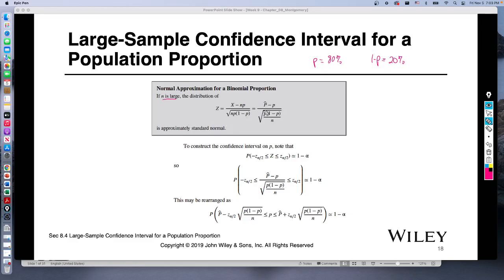And again, this p hat is an estimate of what the actual proportion would be. We get that from our sample, and we're trying to get close to the proportion in the population, right? So this p without a hat, that's the population.